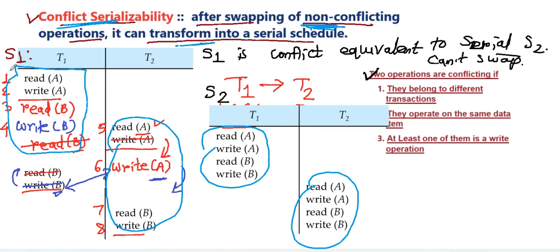So we can convert the concurrent schedule into a serial schedule by swapping non-conflicting instructions. That is called conflict serializability. Hope you understood this topic. Thank you.